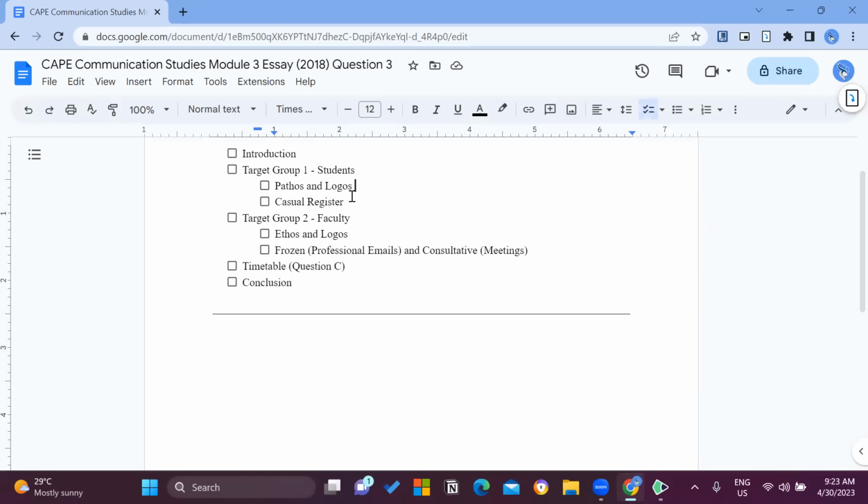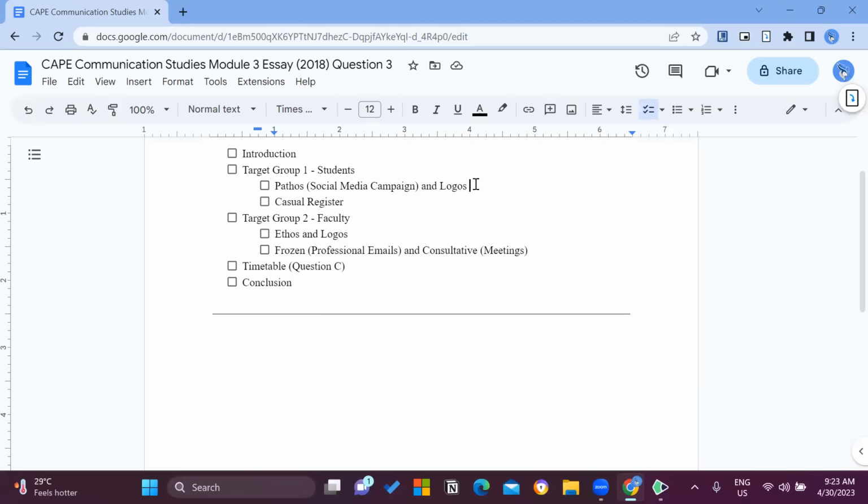For pathos appeal for students, social media campaign, I guess. And I wrote this at like 3 o'clock in the morning, so I'm trying to remember what I wrote down.